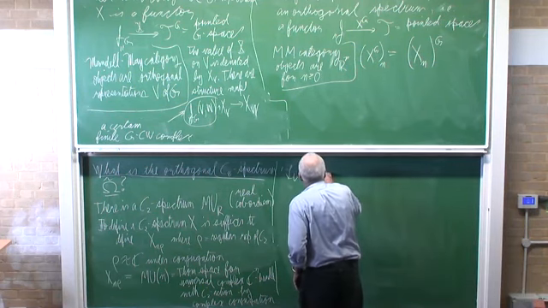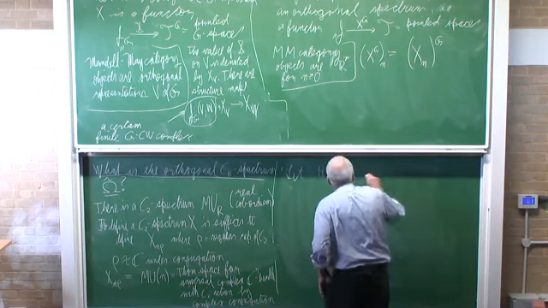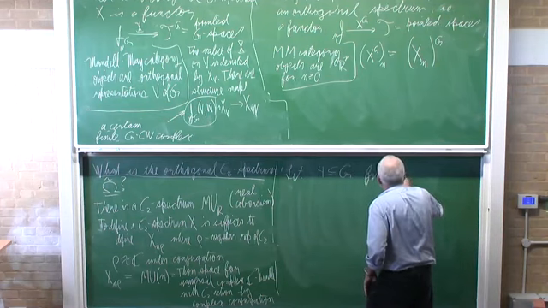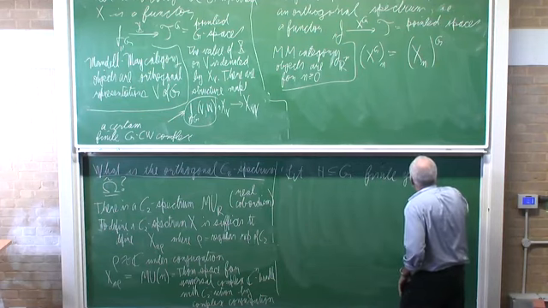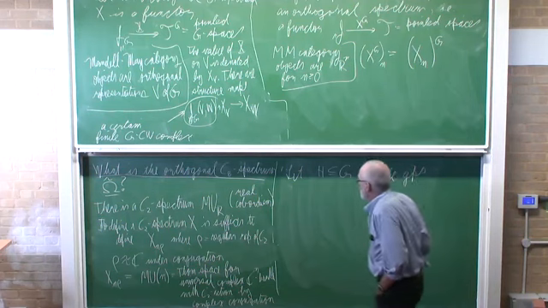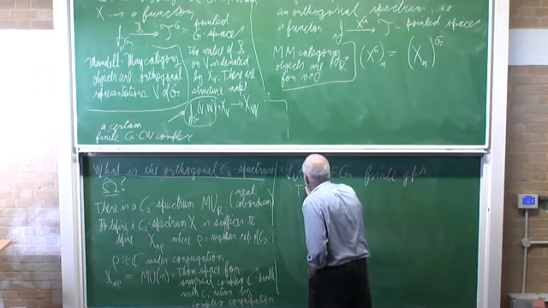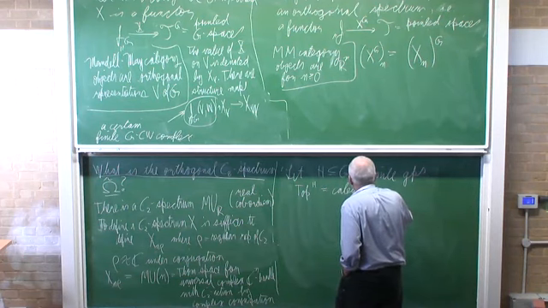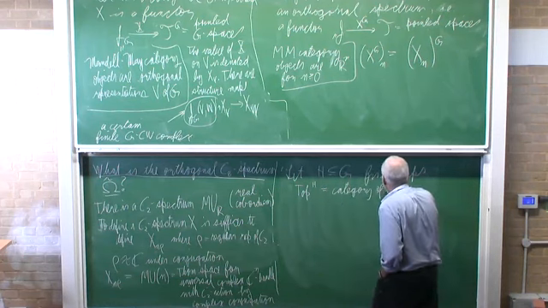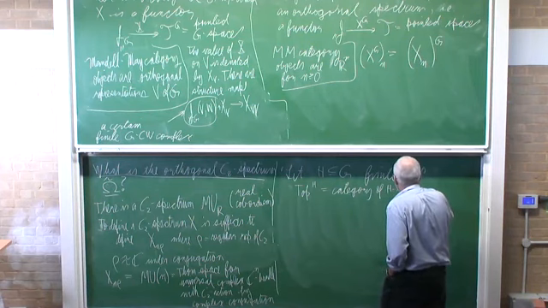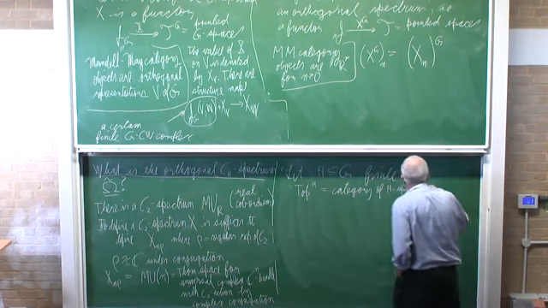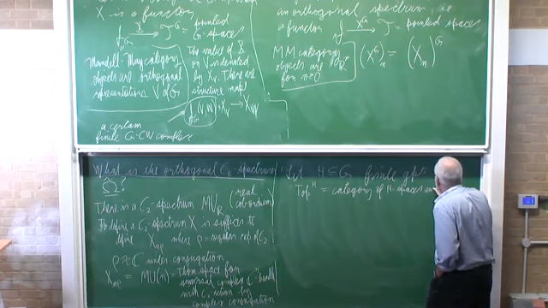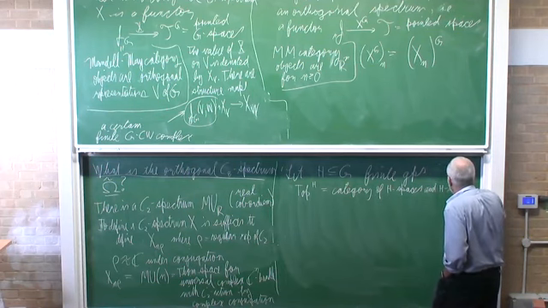So let H be a subgroup of G, finite groups. And then here's some categories that I want. So Top^H is the category of H spaces and equivariant maps, H maps.